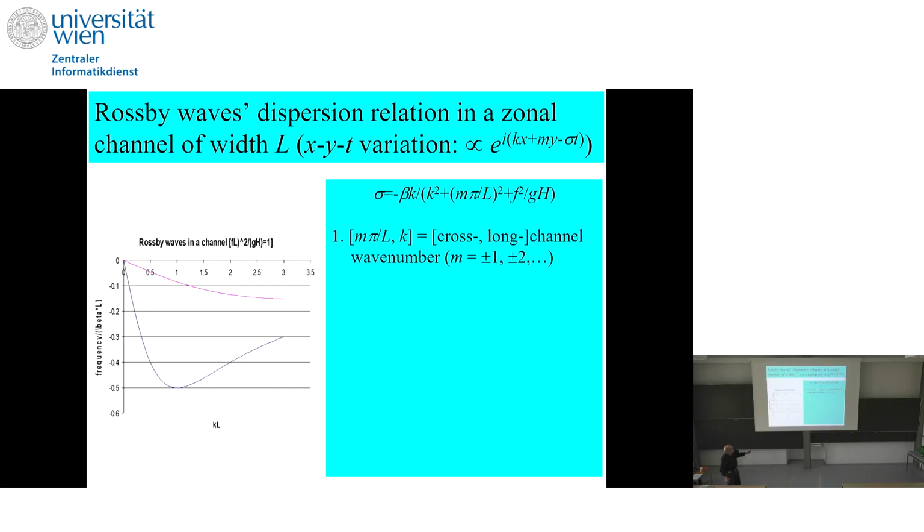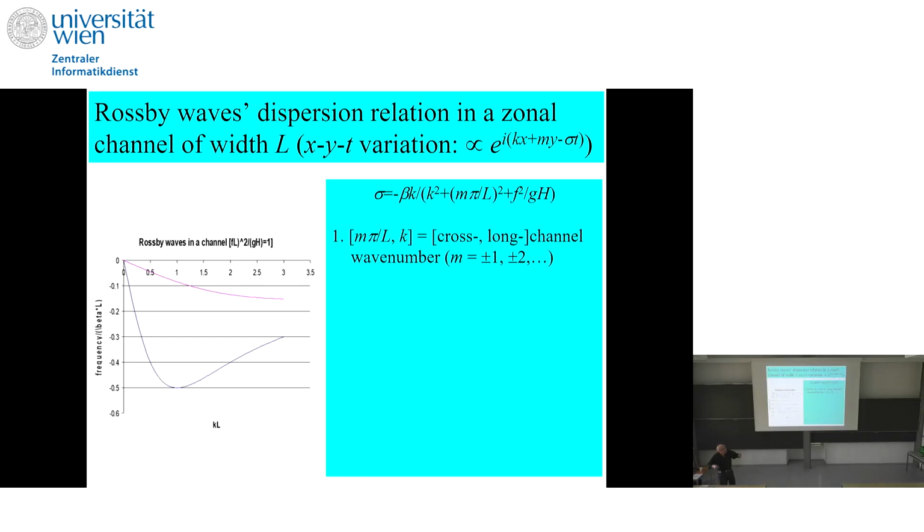And then in the denominator, you have K squared, the zonal wave number, the wave number in the x direction, plus this term: if you have a channel of length L, then the wave number in the meridional direction is quantized because you need to satisfy the boundary condition. So instead of having L squared here, the L is quantized. Here you have this term F squared over GH that we usually call 1 over the radius of deformation squared. I'll touch again on it in a few moments.